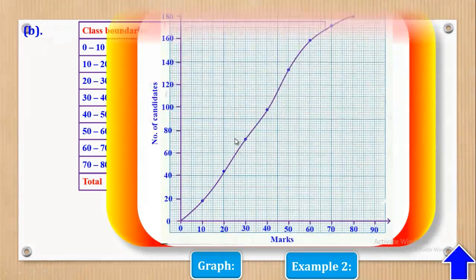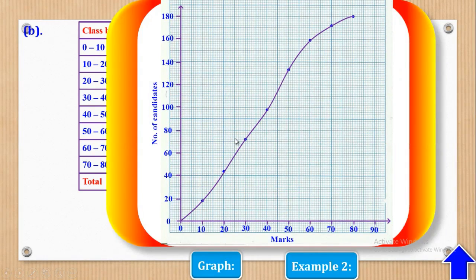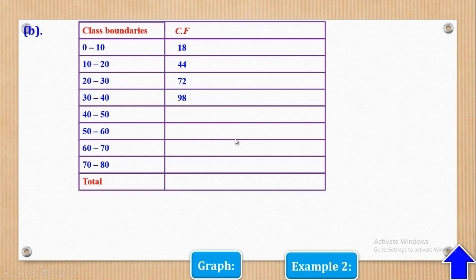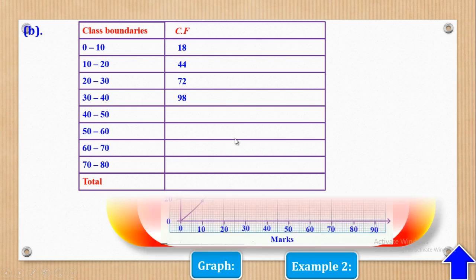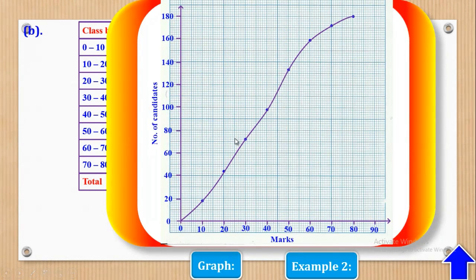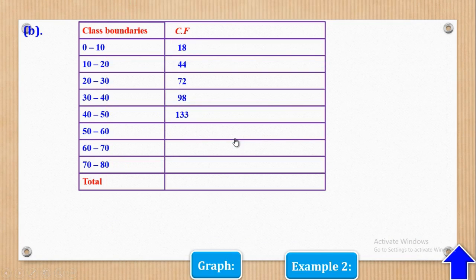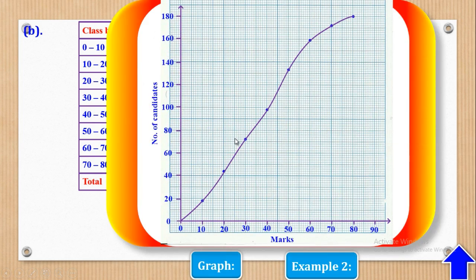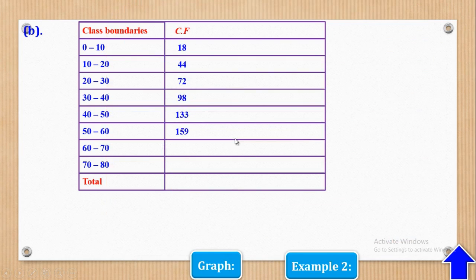So we shall come at 40 and take this value up, read off this value, which will be 98. Then next will be 50. So 50, go up, take this value, read off this value, and that will be 133. Then next is 60. So for 60, take it up, read this value on the vertical axis, and that will be 59.